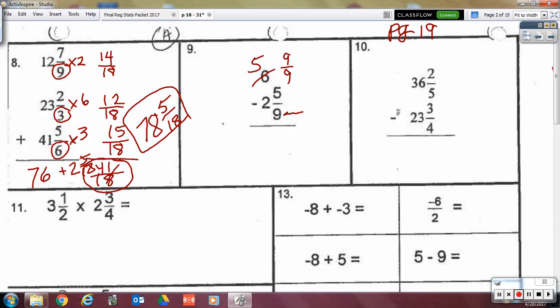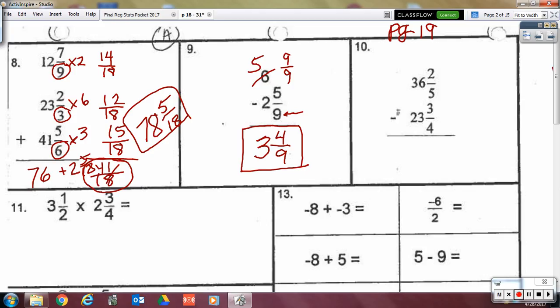Good, you're looking ahead and saying, oh, I need to make a whole number that has the same denominator as 9. So that's your 9/9. Okay, now it can subtract. 9 minus 5 is 4/9, and 5 minus 2 is 3. Okay.